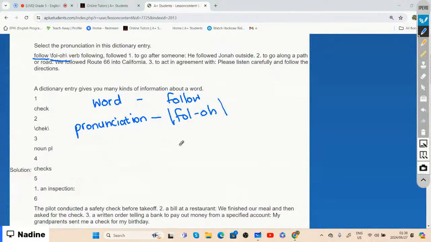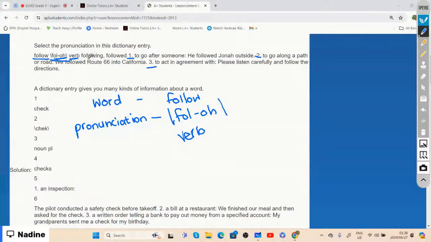Then they will tell us if it is a verb, if it is a noun, or so on. Then once you see the number, it means that they will give you the different meanings of that specific word. So here we have follow, which is our word. We have the pronunciation of how to say the word. This word follow is a verb, right?